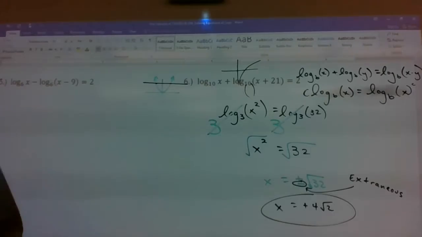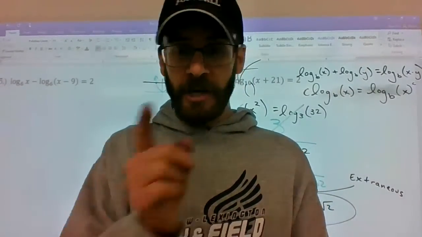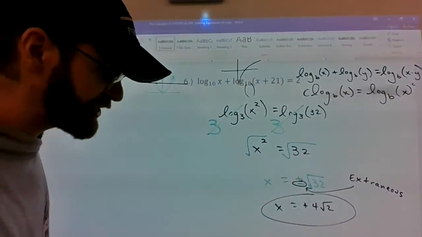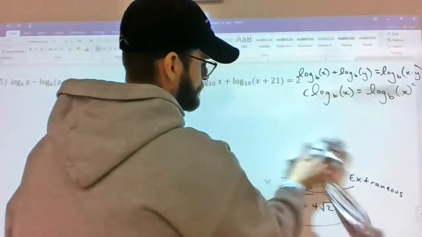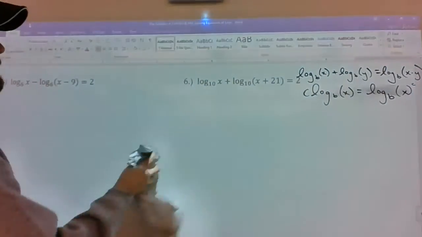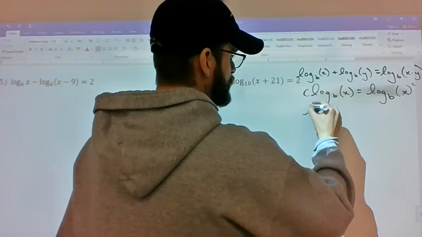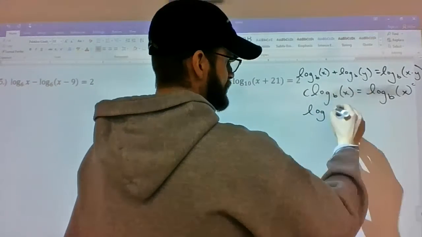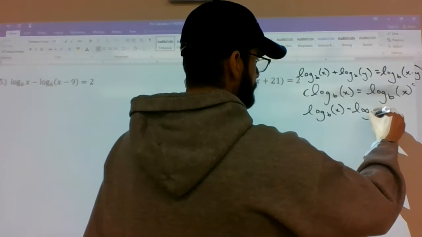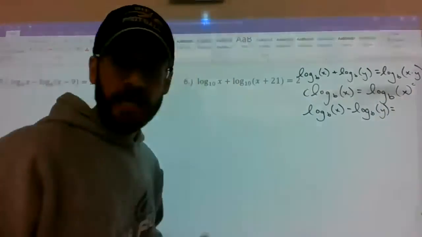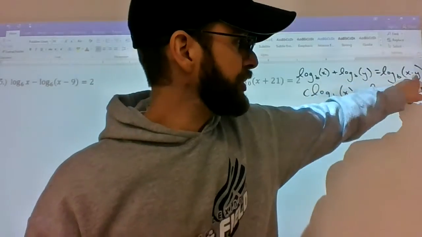Let's look at a couple more examples. What happens if there's subtraction between? We know addition. We know what happens if there's a constant out front. But subtraction is another story altogether. So property number 3: what happens if I change this to subtraction? Addition created multiplication.